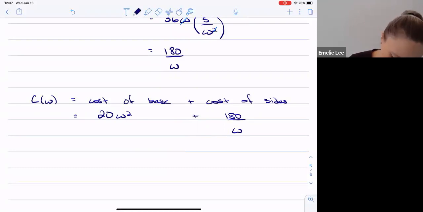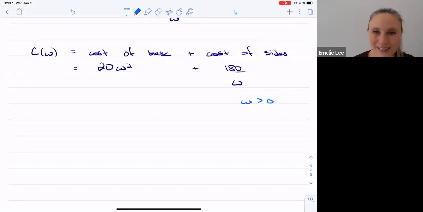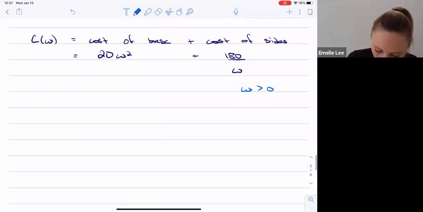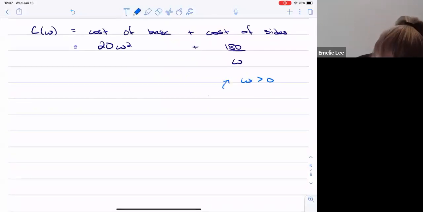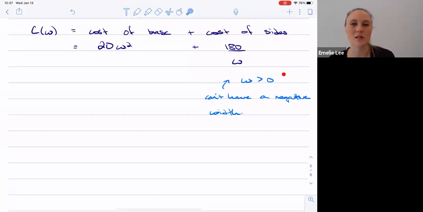And the only condition is that W has to be greater than 0, can't have a negative width. That condition kind of goes without saying. So if you didn't include it, then that's totally fine. But just to be proper, we should have it in there.